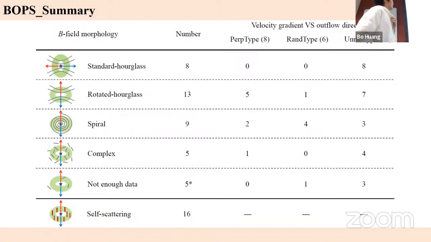You partially answered. I wanted to say that morphology doesn't necessarily mean a physical mechanism at play. It's just one aspect of what you're observing, and it's possible that you have different mechanisms at play in different cases of morphology, because you have random types in both spiral and rotated hourglass, for instance.